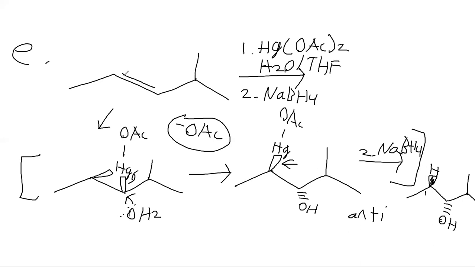And because both of the spots here were secondary positions, it could just as easily have added the alcohol here because they're both equally stable. But this reaction is Markovnikov, which the next problem shows for F. So I'll go over that now.